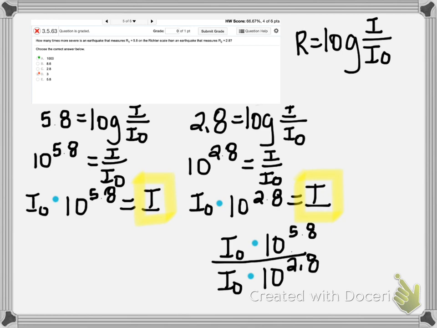And of course, if you divided that out and took 10 raised to 5.8 and divided by 10 raised to 2.8, it would give you that 1,000 that you were looking for. Hope this helps. If you have any more questions, let me know.